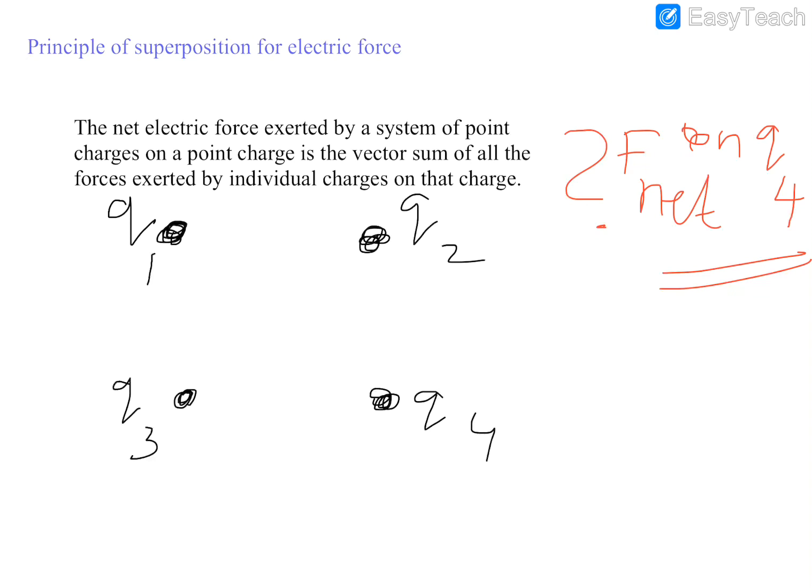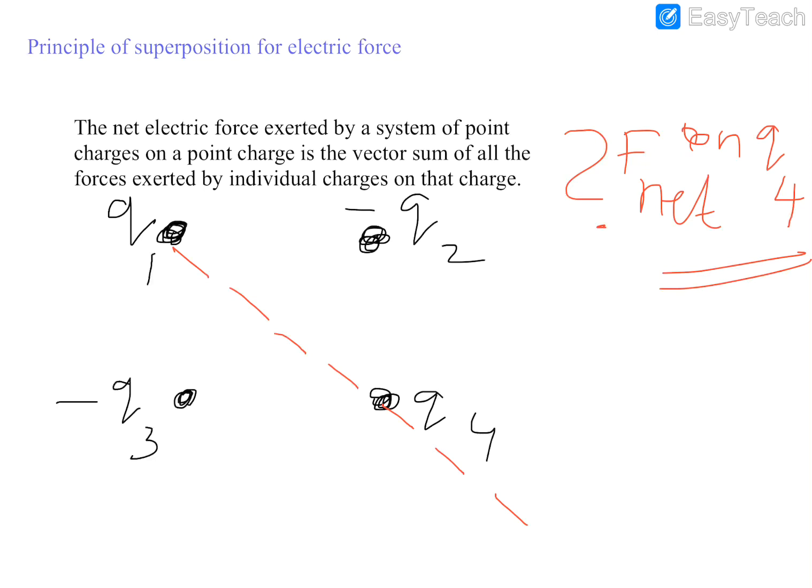First, Q1 is exerting a force on Q4. To find that, draw the line joining Q1 and Q4. The force exerted by Q1 on Q4 can be in this direction or in this direction, depending upon the sign of charge. Let us consider a different problem. Here 2 charges are positive and 2 charges are negative.